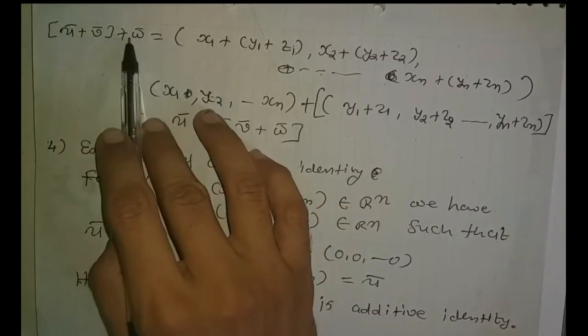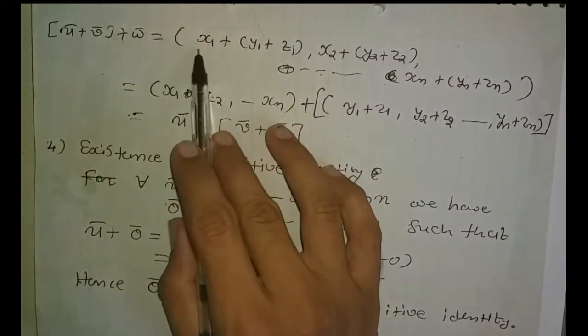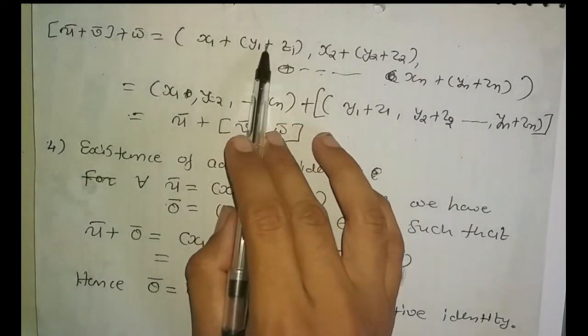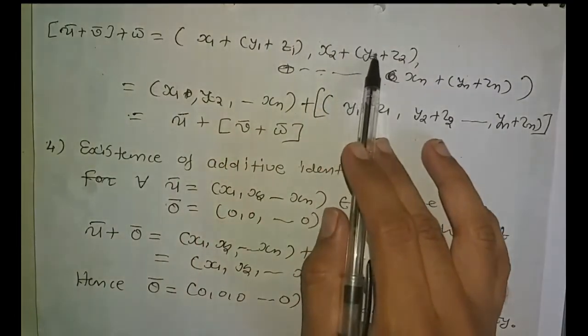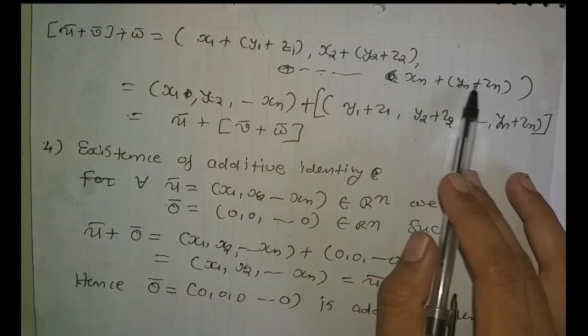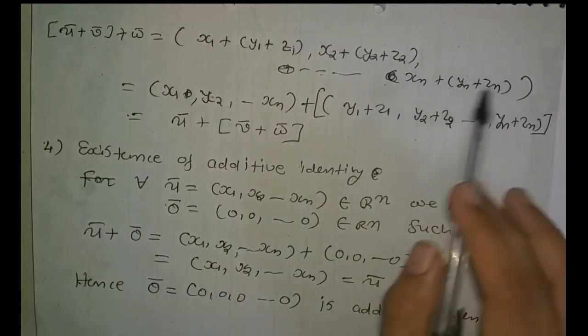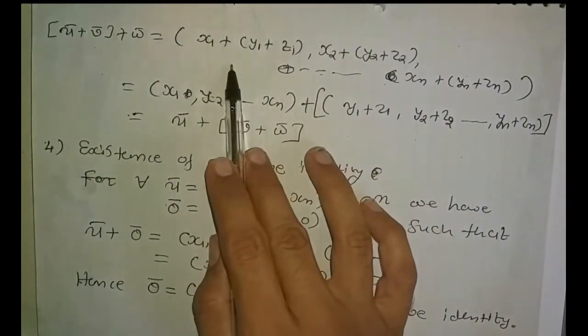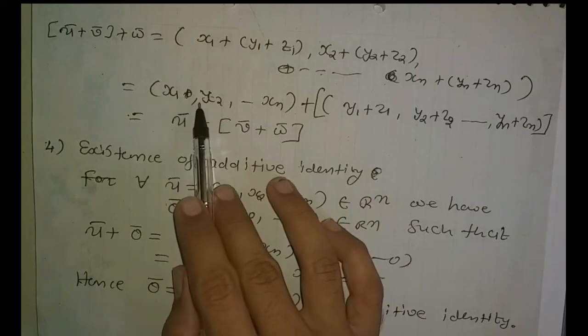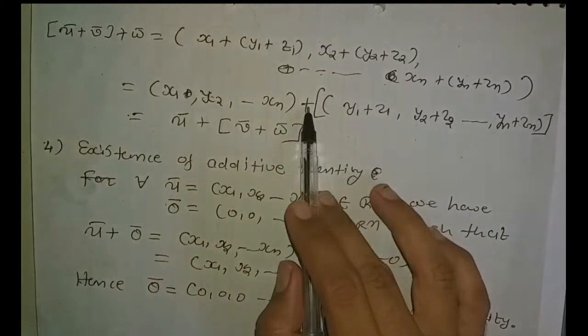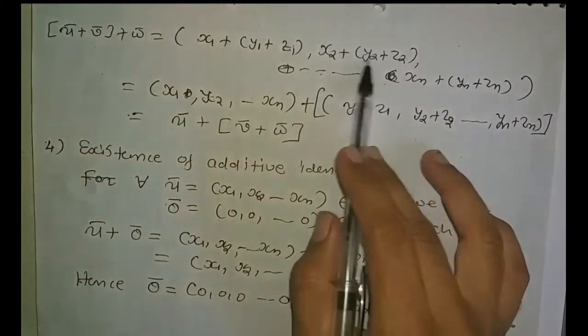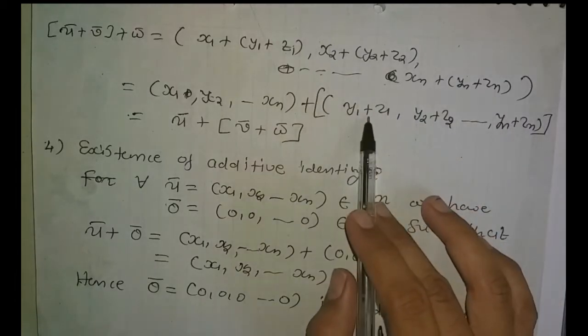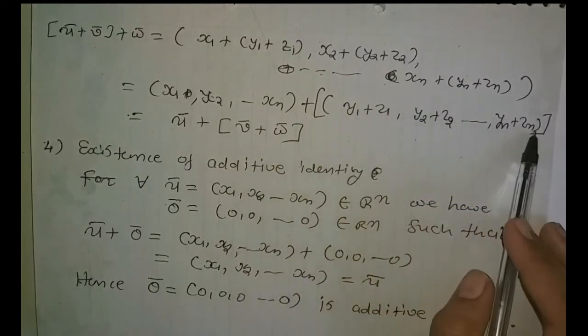So u bar plus v bar plus w bar can be written as x1 plus y1 plus z1, x2 plus y2 plus z2, xn plus yn plus zn. Now again by the definition of vector addition, we get x1, x2 up to xn plus these elements y1 plus z1, y2 plus z2, yn plus zn.